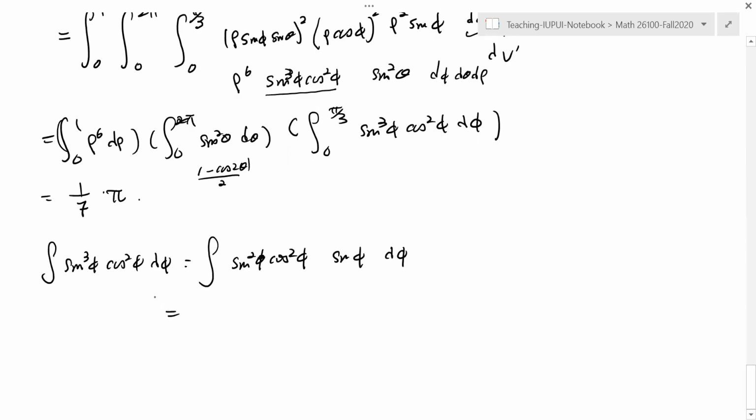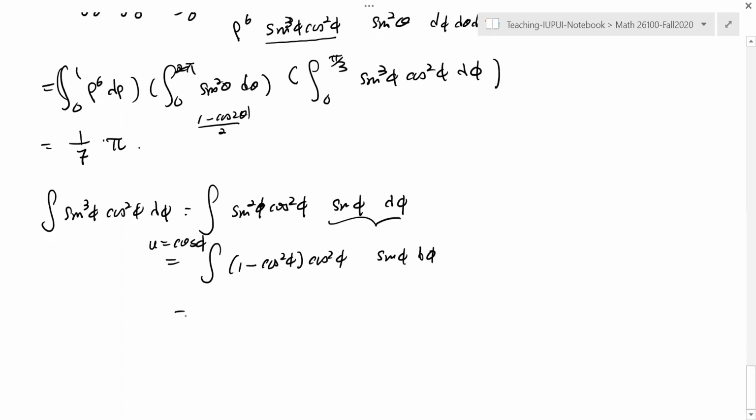Let u be cosine phi. Then du is going to be negative sine phi d phi. So sine squared phi is going to be 1 minus cosine squared phi, right? So you will get 1 minus u squared and then negative du.